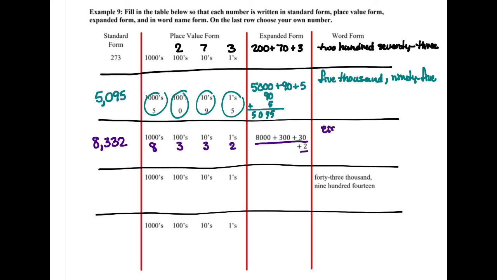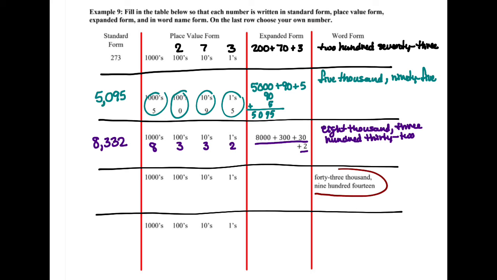So 8,000, comma, 300, hyphen 2, because it's 32, right? Very good.